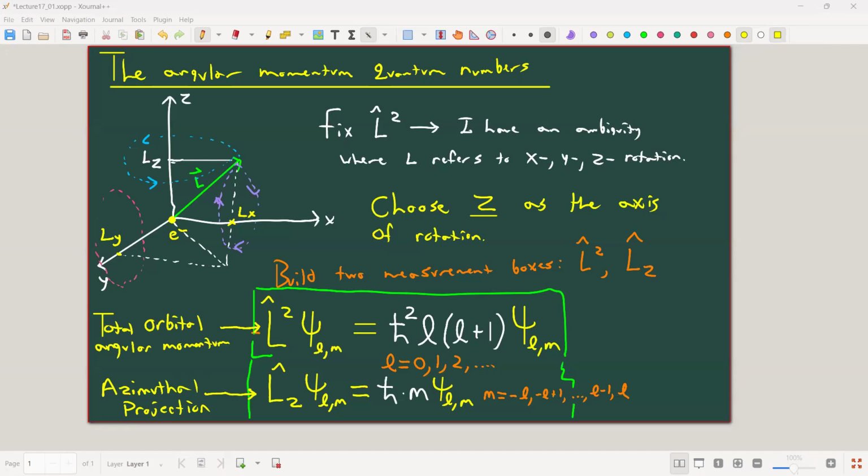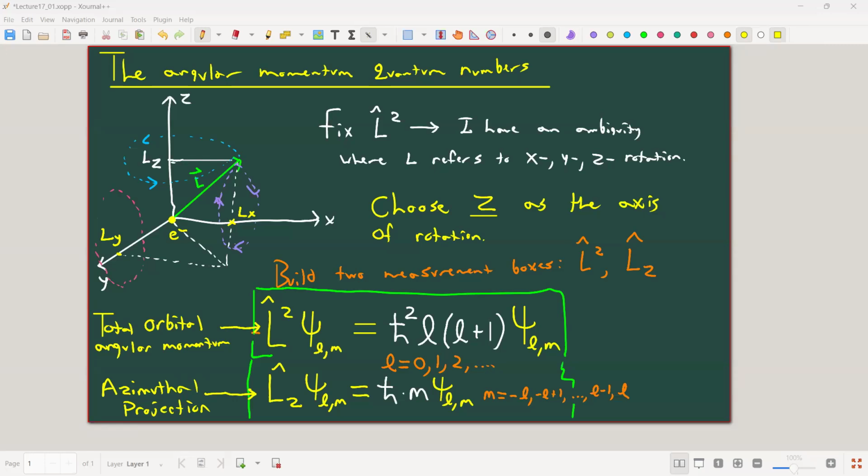The indeterminacy of the three axes, the fact that the three axes are independent and you only know one, is one of the reasons why, when you have some fixed angular momentum, say I set L equal to 1, which is p orbitals, there are three of them, corresponding to m equals -1, 0, and +1. Those correspond to trajectories along the x, the y, and the z axis.